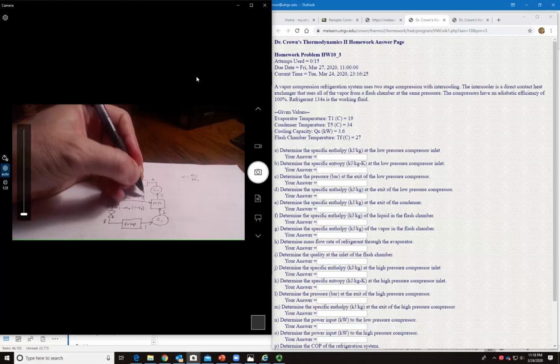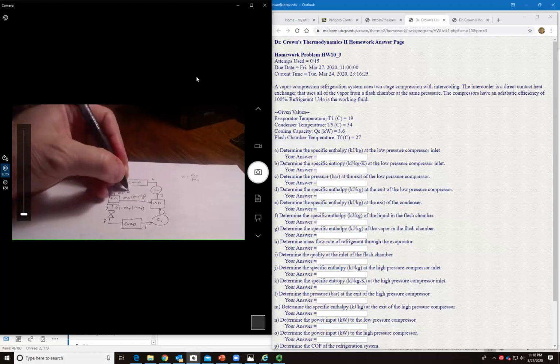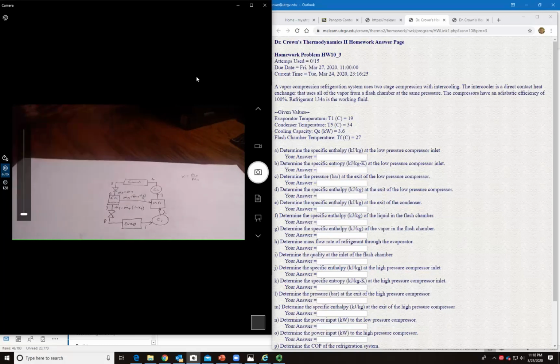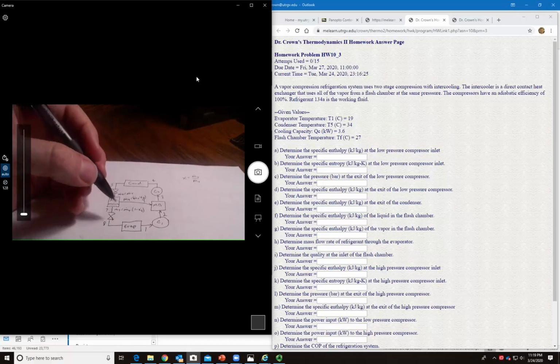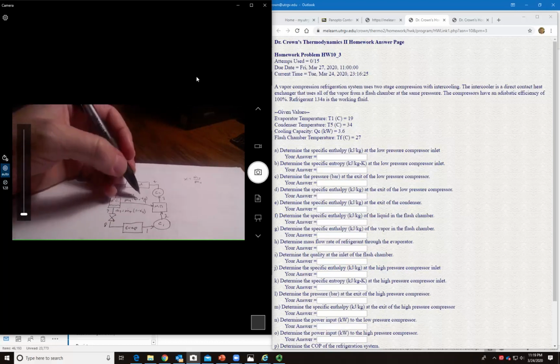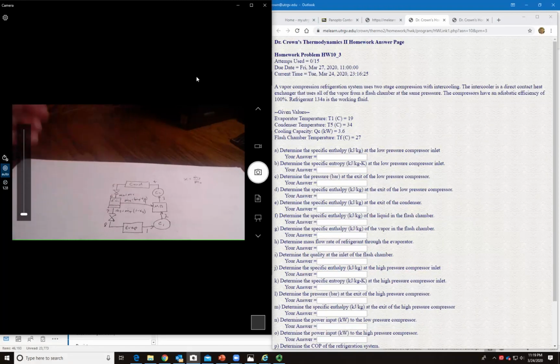Let's put a 6 on there. So that's the fraction of flow that goes this way, and the fraction of the flow that goes that way is m dot total x6, or we could just call it m dot if we wanted.